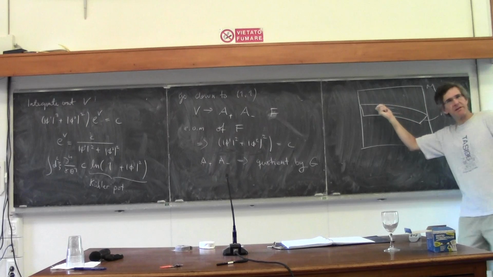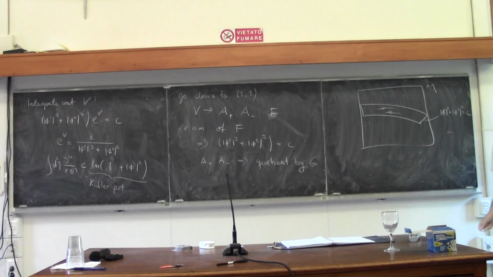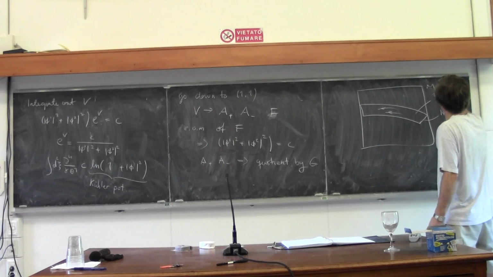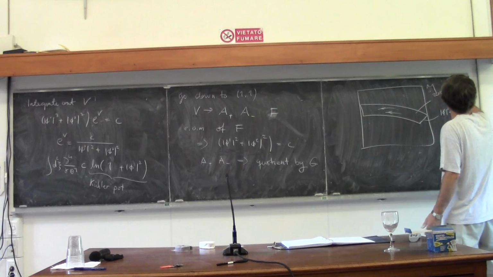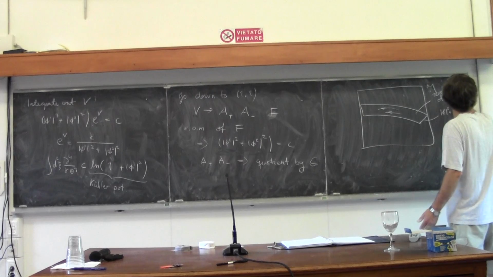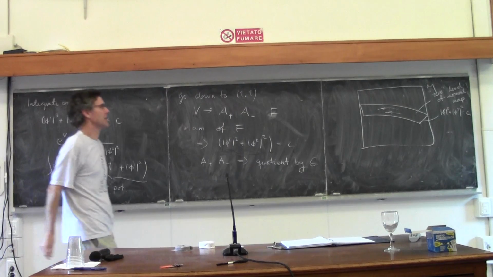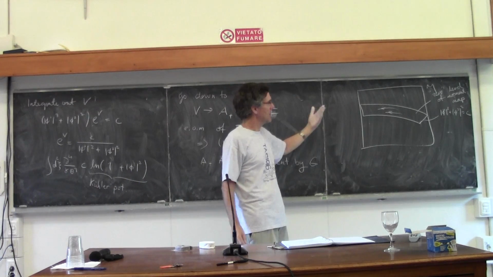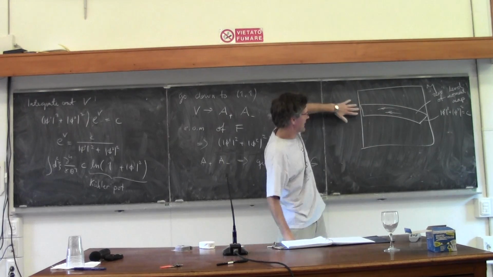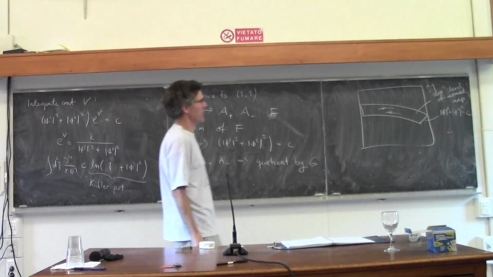The words that you hear in the usual description are that this is the zero level surface of the moment map. If you do the Kähler quotient in the usual way, you look at the symplectic form. The symplectic form together with the isometry gives you a moment map, which shows that the action of G is on the level surface of the moment map.